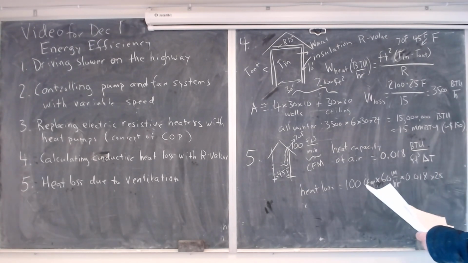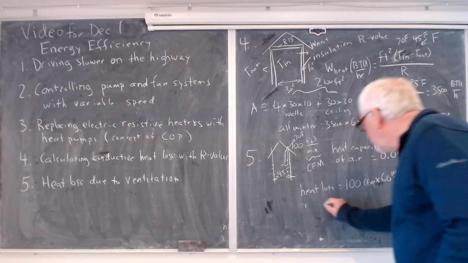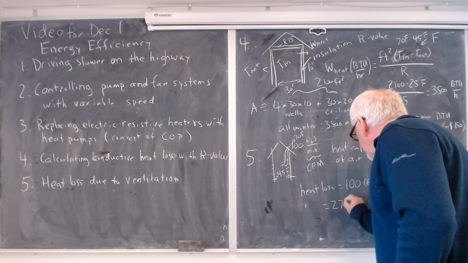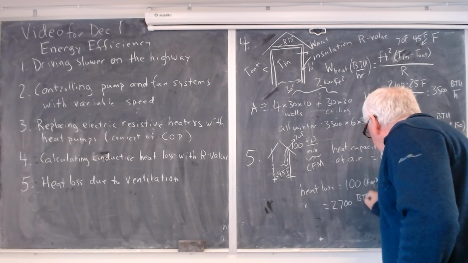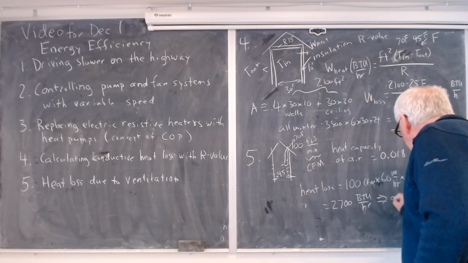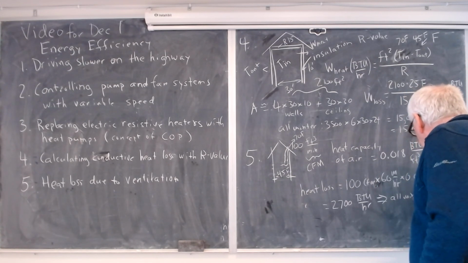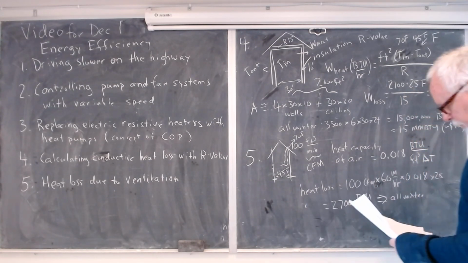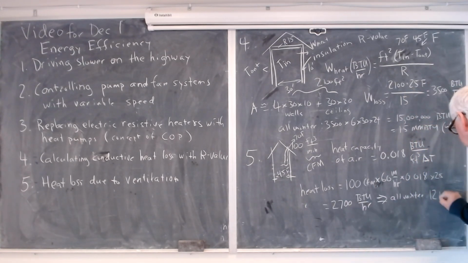If you multiply all those together, it gives you 2,700 BTU per hour, which all winter is 12 MMBTU.